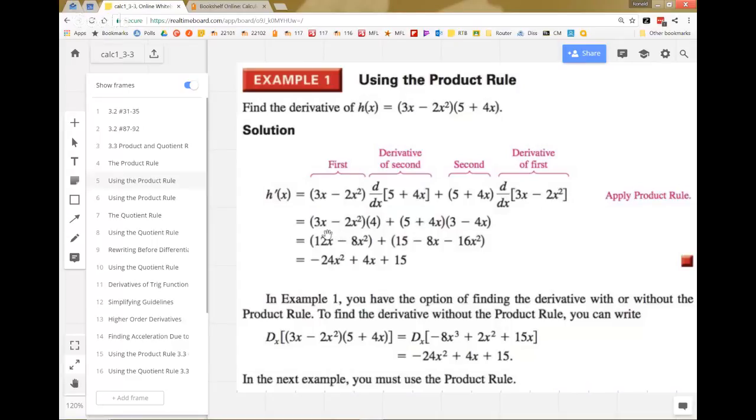Now let's actually do it. The first times the derivative of 5 plus 4x. And the derivative of 5 plus 4x, well, the derivative of 5 is 0, constant, and 4x is 4.